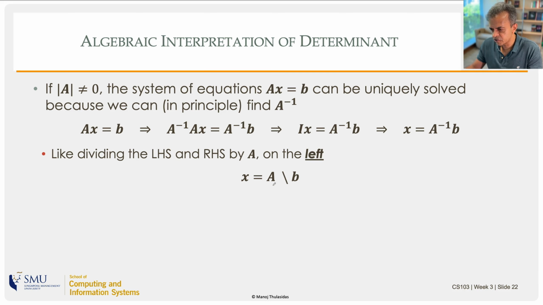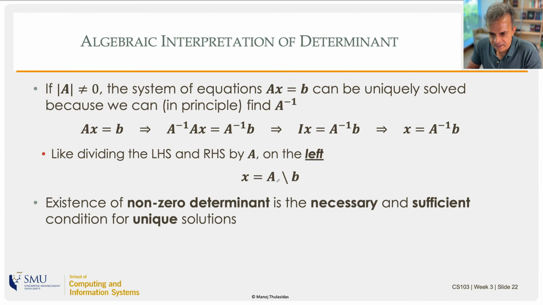This notation is actually used in some programming languages specific to linear algebra, such as MATLAB and SageMath, etc. So if you provide a square matrix A that has an inverse and write, for some vector B, A backslash B, it'll actually spit out the solution.